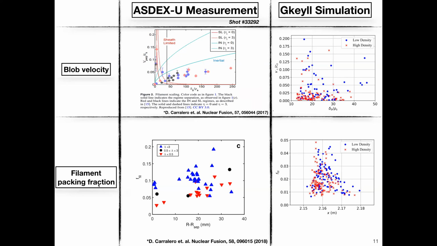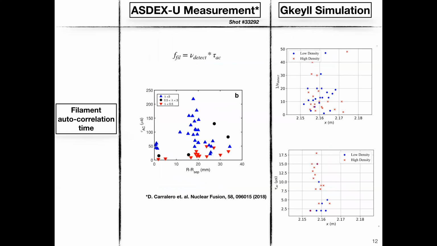The packing fraction of the density filaments or blobs is also found to be close to the low collisionality cases of the experiment. The autocorrelation time of these density filaments or blobs is also found to be close to the experimental measurements for the low collisionality cases.